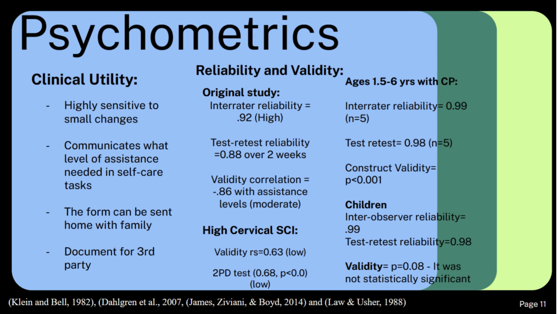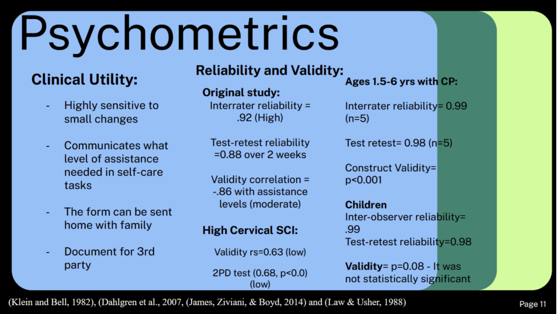The third study I found was ages 1.5 through 6 years old with CP. The inter-rater reliability is 0.99. The test-retest is 0.98, and the construct validity is p is less than 0.001, which is all strong.